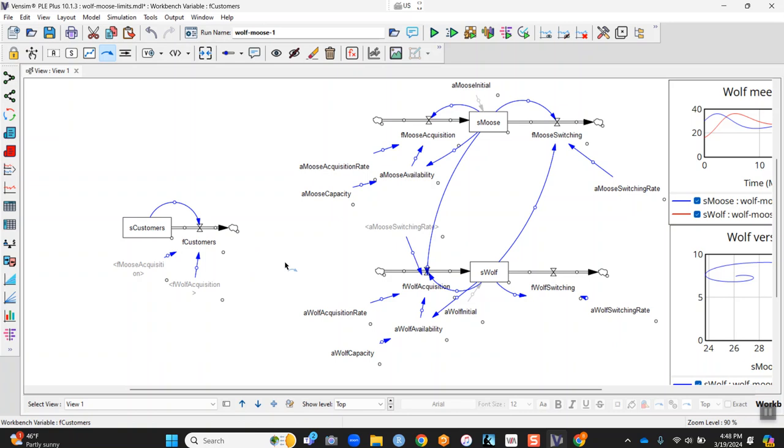Now, the other thing is we need to create another variable here which allocates to moose and 1 minus this number to wolf. So we'll just call this a customer allocation. Let's call it that. Doing a little thinking on the fly here.